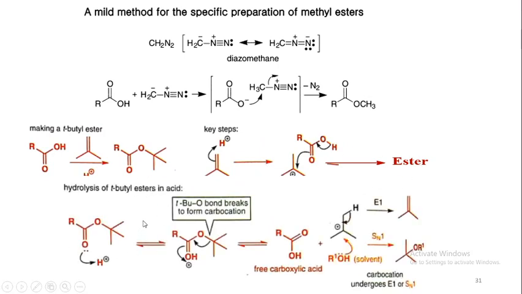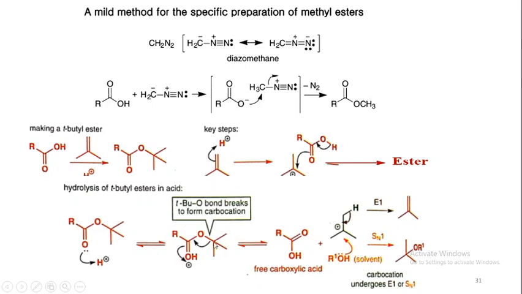This is the protected form, the formation of ester by using isobutene, and this is deprotected by using acid. This is the hydrolysis of tertiary butyl ester in acid.